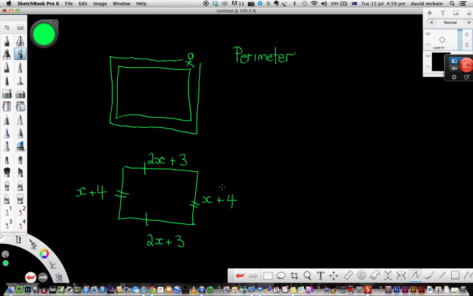Now, if we have to work out the perimeter of this shape, what we need to do is add up all those sides together. So the perimeter would equal P, P for perimeter, would equal (2x plus 3), and I'll put that in brackets just to keep it in a nice little packet, plus x plus 4, plus 2x plus 3 again, and plus x plus 4 again.